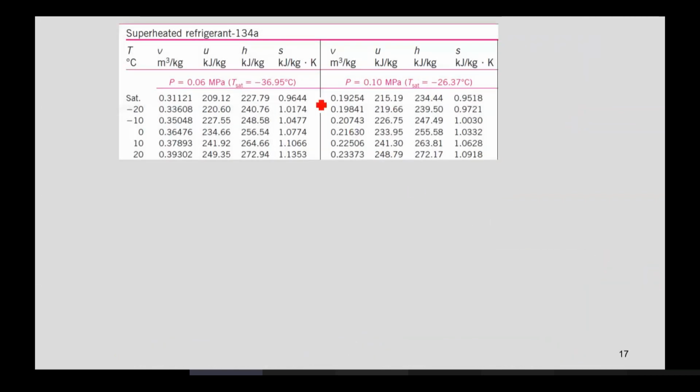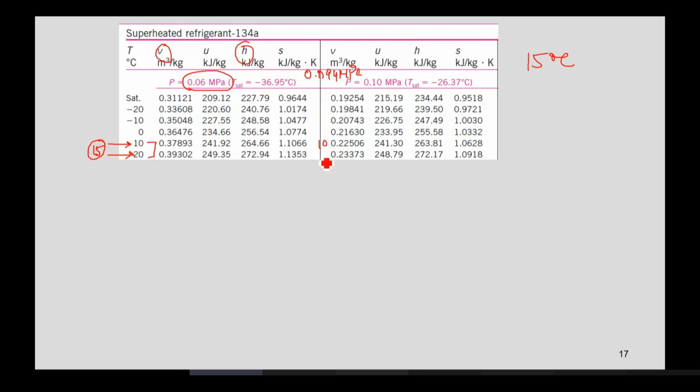Now moving on to state 2, again the pressure of 0.094 megapascal is not there, and your temperature for state 2 is 15 degrees centigrade. So if you look at the temperature lines, 15 degrees is also not given. So the first thing is you find out the specific volume and enthalpy values for 0.06 megapascal at 15 degrees centigrade by interpolating between 10 and 20.